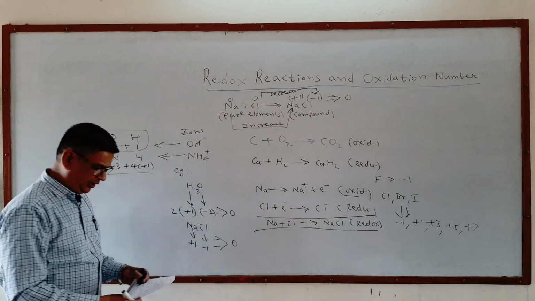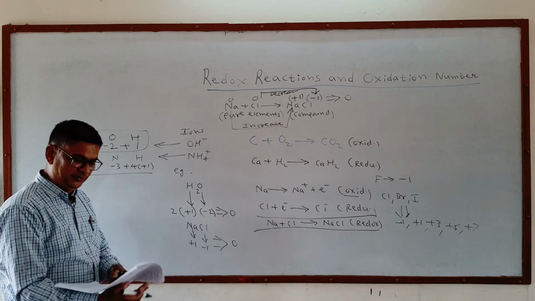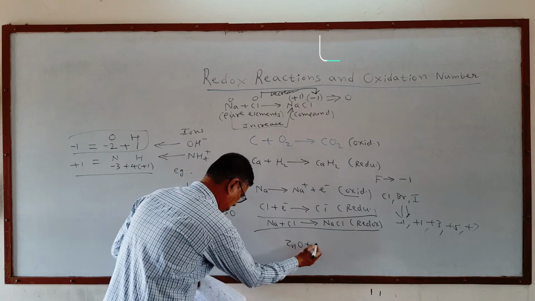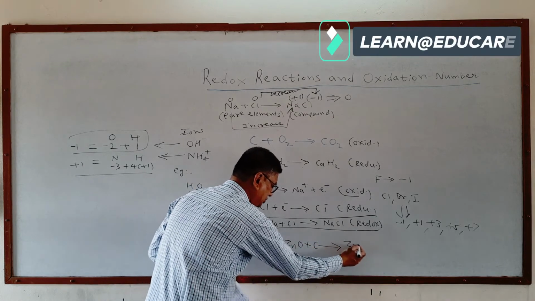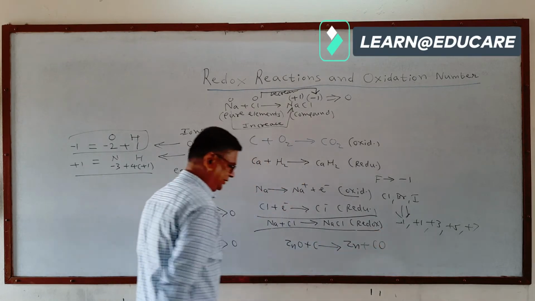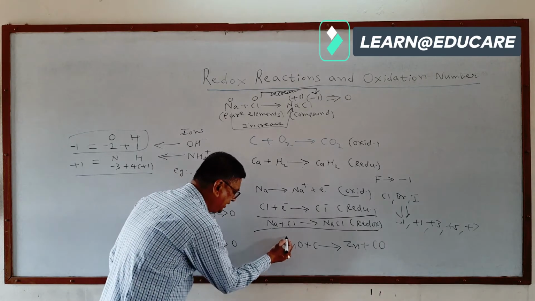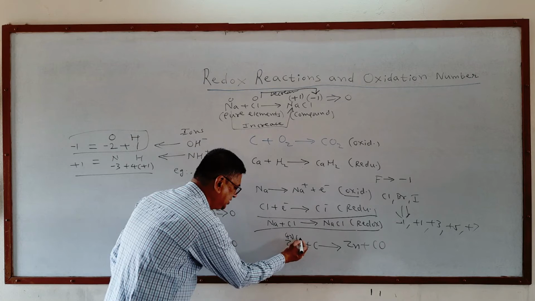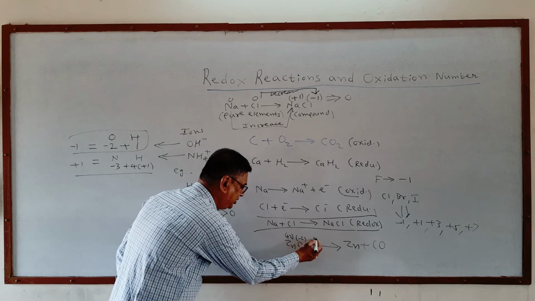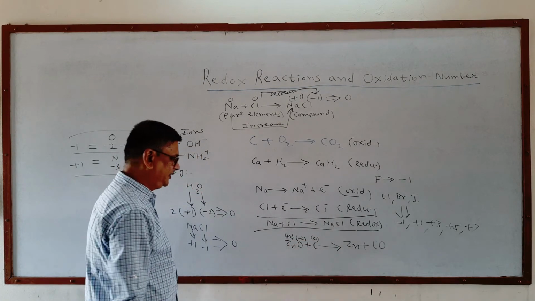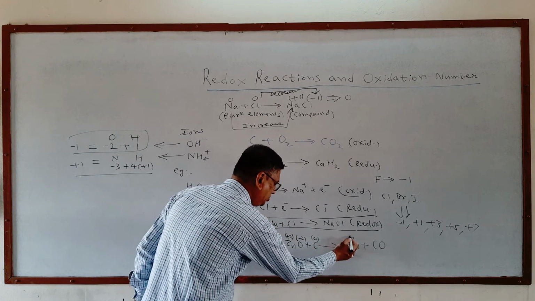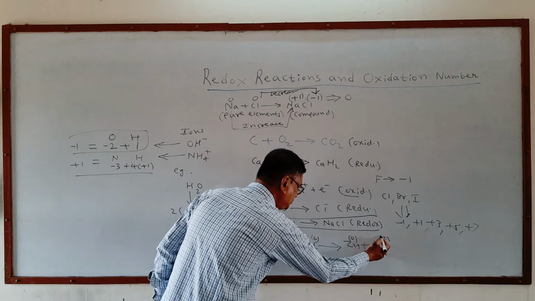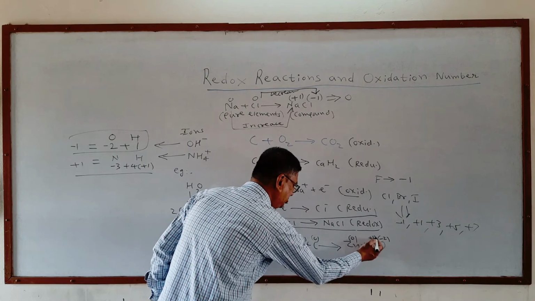Correct? And if you take some other example, for example, zinc oxide plus carbon gives zinc plus carbon monoxide. Now in zinc oxide on the reactant side, the oxidation number of zinc is +2, for oxygen it is -2, for carbon it is 0. But when it becomes product, zinc oxidation number is 0, oxygen has -2 oxidation number, carbon has +2.